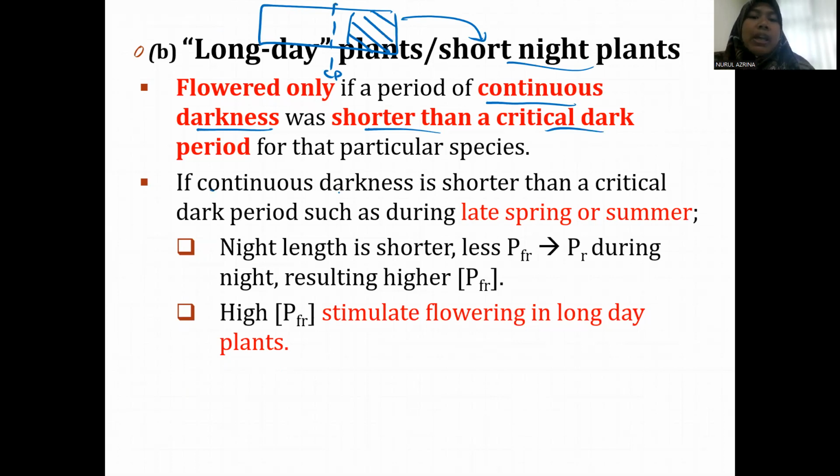If continuous darkness is shorter than the critical period, like in late spring or in summer, so night length is shorter. Tempoh gelap dia singkat. So less PFR convert to PR. Sikitlah PFR yang dapat ditukar kepada PR. Sebab apa? Tempoh gelap dia pendek. Dahlah conversion of PFR to PR tu slow.